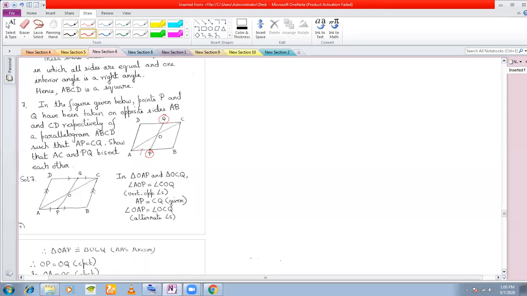Show that AC and PQ bisect each other. AC, this is your AC, and this is your PQ. You have to show these two bisect each other. You have to show that this length is equal to this length, and this length is equal to this length. Okay, so let me just draw the diagram.